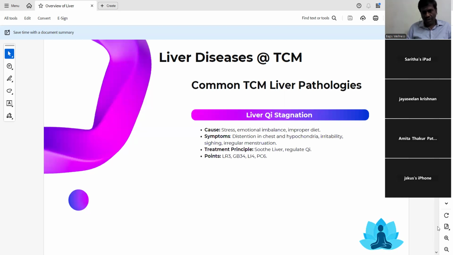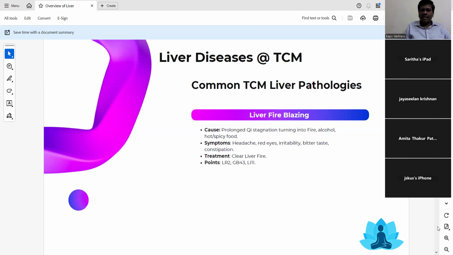The symptoms here are distension in the chest and hypochondria, irritability, sighing, and irregular menstruation. To treat that, we have to soothe the liver and regulate the chi. Normally the points in liver chi stagnation are LI4 and liver 3, and then GB34 and P6 are combined to clear the flow of qi in the liver.